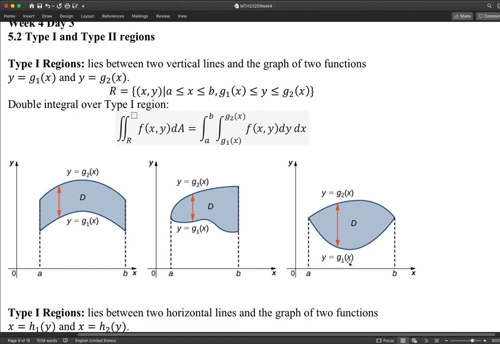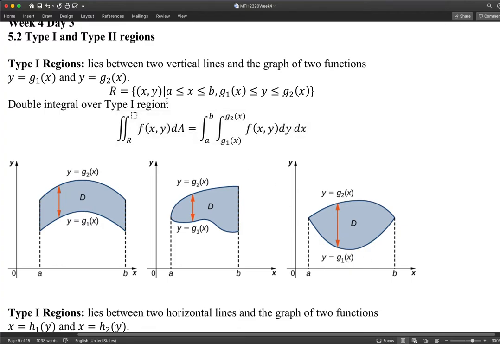That is a type 1 region. And also remember, we can use the cross product, A B cross C D, to denote a rectangular region, and to denote a type 1 region, it takes a little more space of writing.